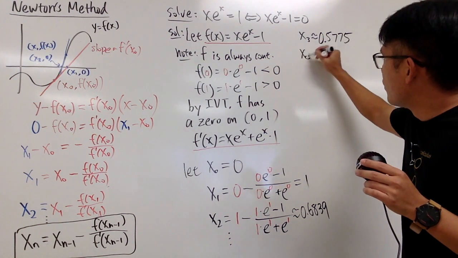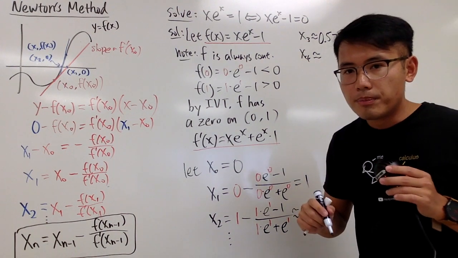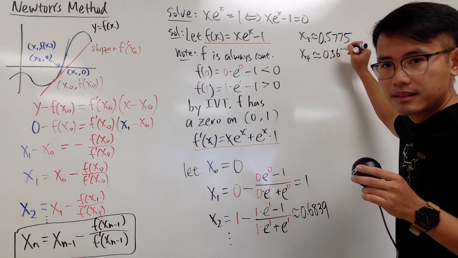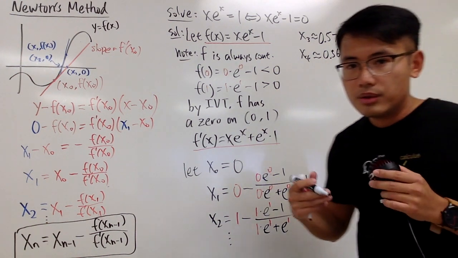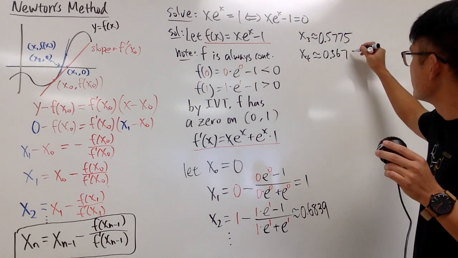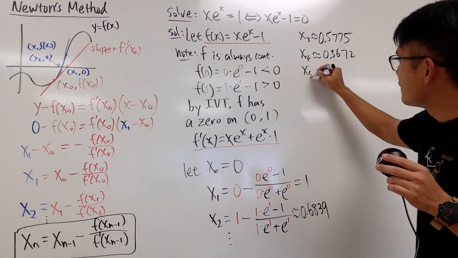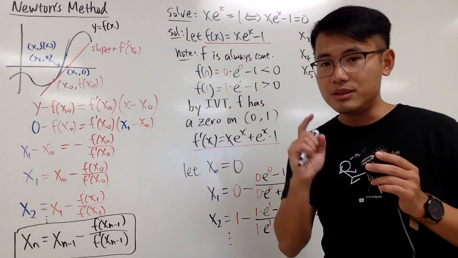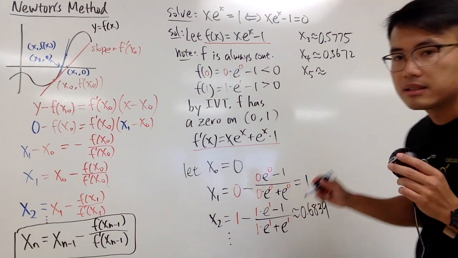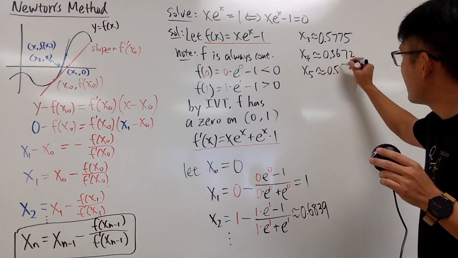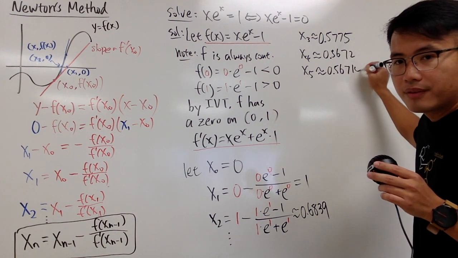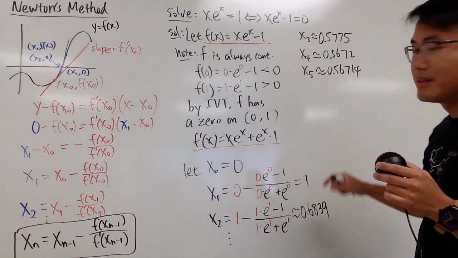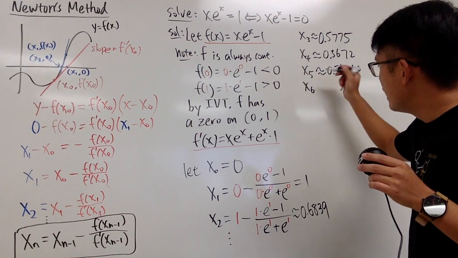And then x4 is approximately 0.567, so I'll just put down 2. And then x5, so that's the fifth time that we're doing it. This was a pretty good initial guess because you're going to see that the next number I get is 0.56714, something else after that. I put down 5 decimal places because you'll see the next one, x6.